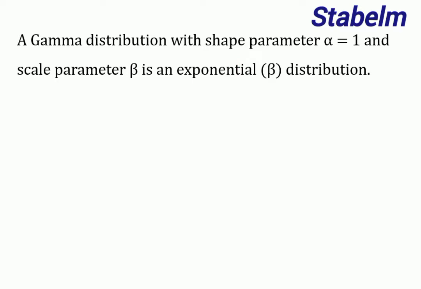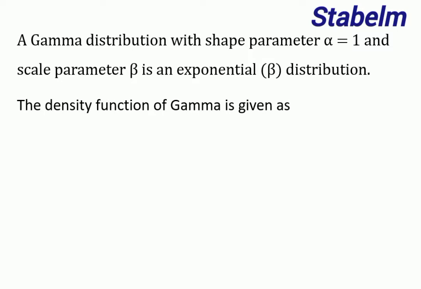then we'll say that the gamma distribution is an exponential distribution. Now I want to state the probability density function of the gamma distribution. We have f of x equals lambda raised to power alpha, x raised to power alpha minus 1, exponential raised to power minus lambda x, divided by gamma of alpha, where x is greater than 0 and less than infinity, which means x spans from 0 to infinity.